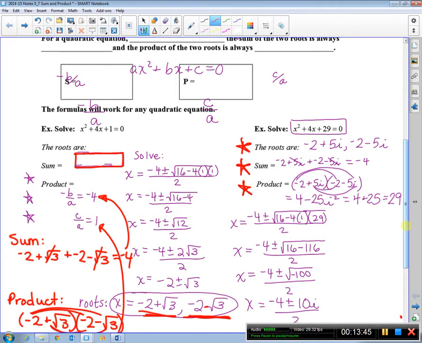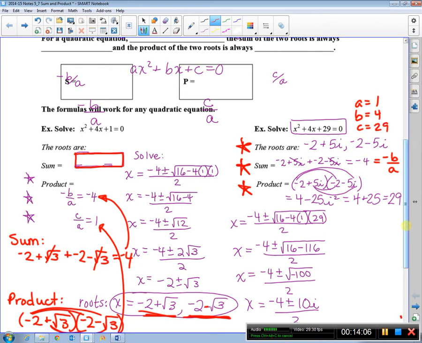Now make the connection. Did we expect the sum of the roots to be negative 4? Is this equal to negative b divided by a? A is 1, B is 4, C is 29. We sure did. Negative 4 it is.